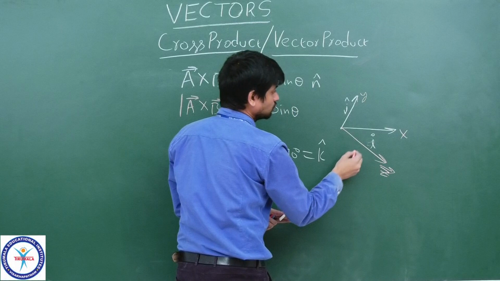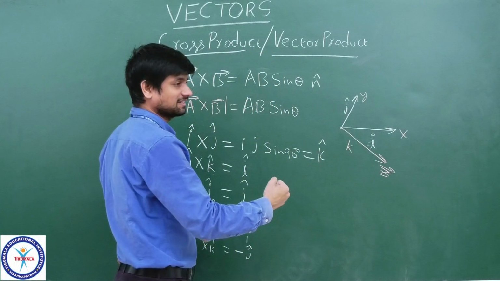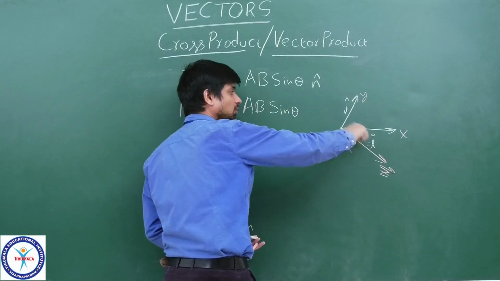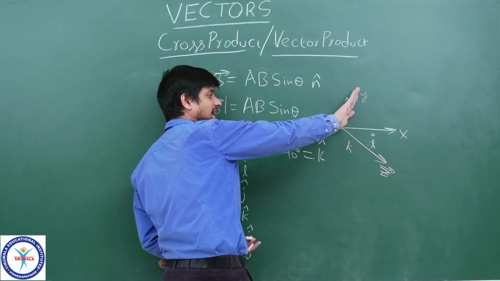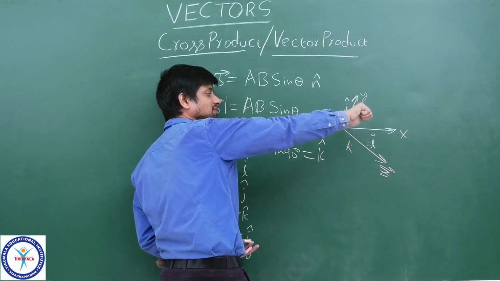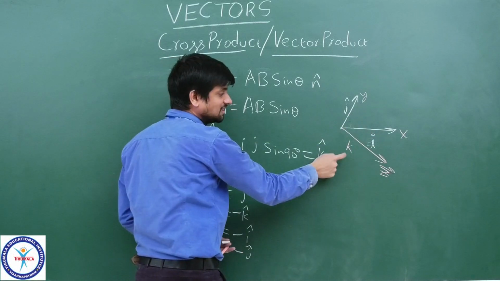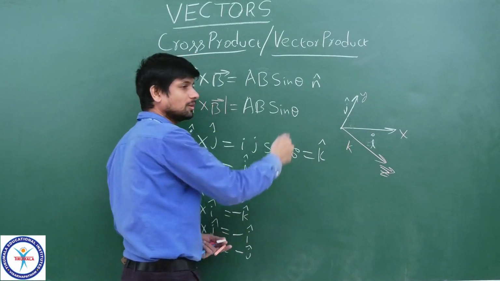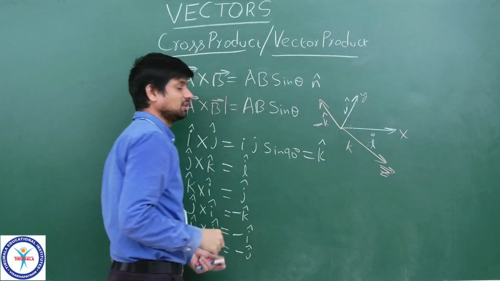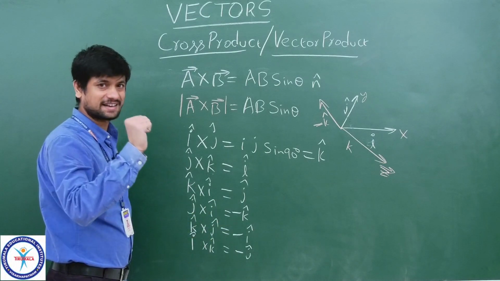If this is i, this is j, this is k, all are plus. But for j to i, open along j and curl towards i, and the finger shows into the board. If k is outside the board, then into the board is minus k. That's why you are getting minus.